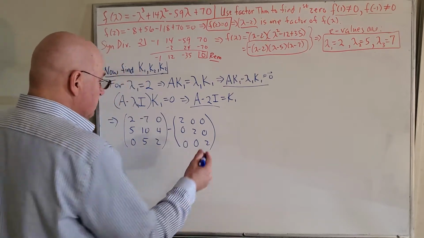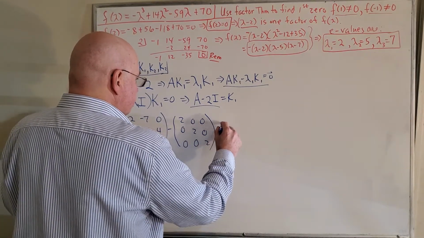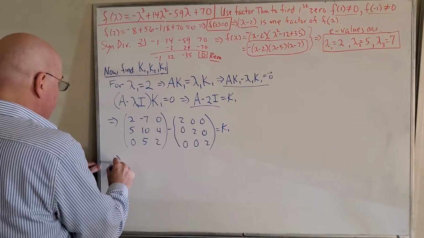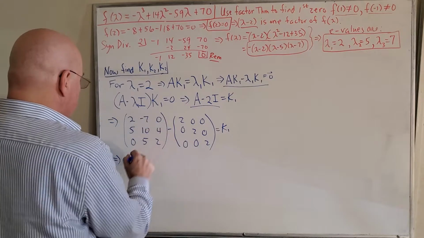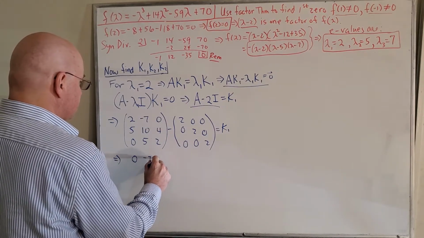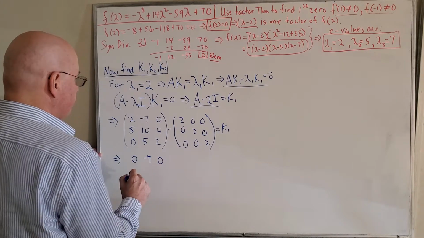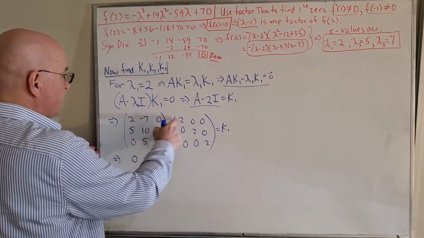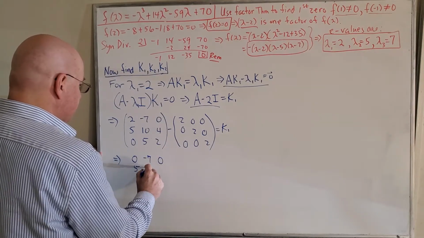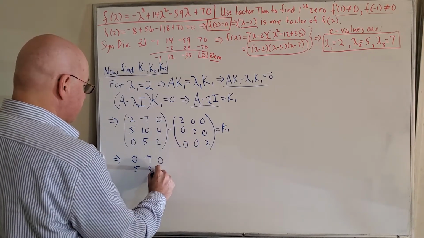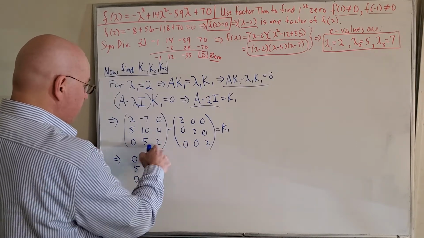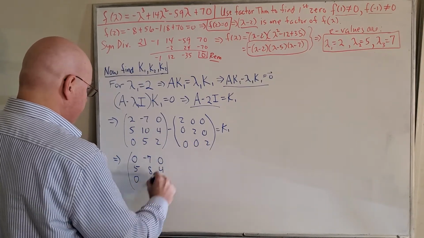And so maybe I'll just write that down. And now let's combine this. So we get 0, -7, 0. I'm doing term by term subtraction. 5 minus 0 is a 5, 10 minus 2 is an 8, 4 minus 0 is a 4, 0 minus 0 is a 0, 5 minus 0 is a 5, 2 minus 2 is a 0.